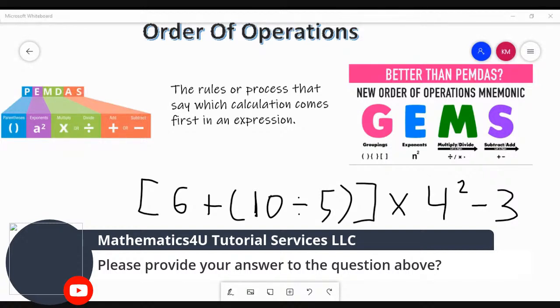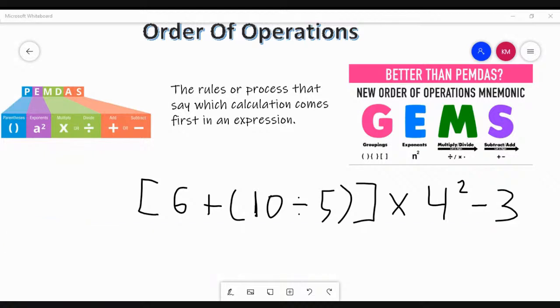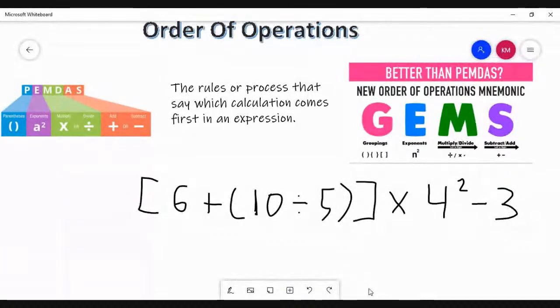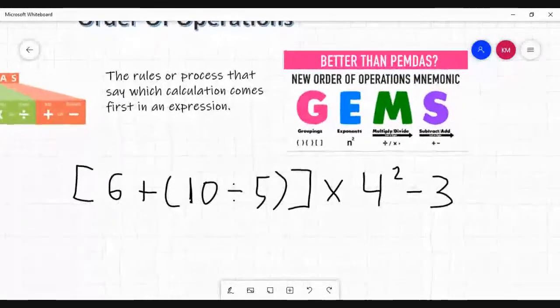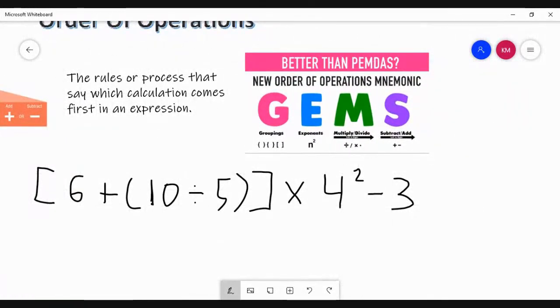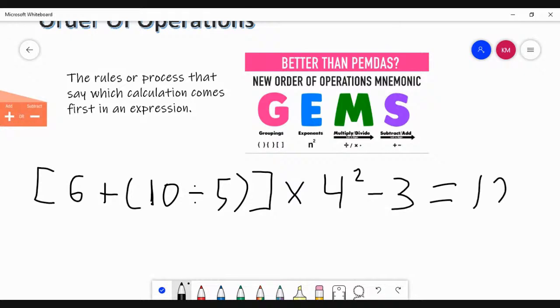All right, guys, are you ready to reveal this answer? Okay, let's get started. So without further ado, the answer to this operation is 125.